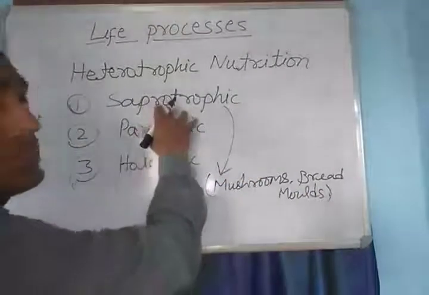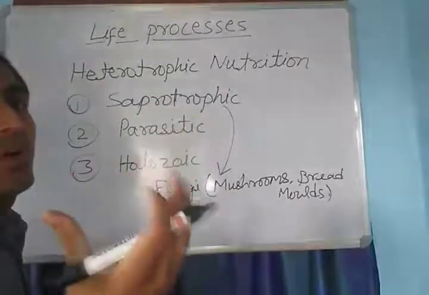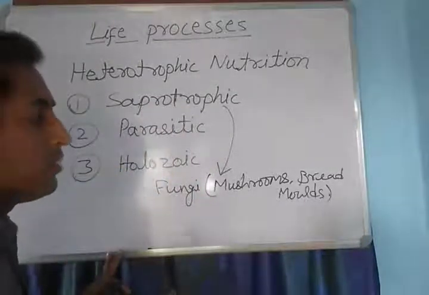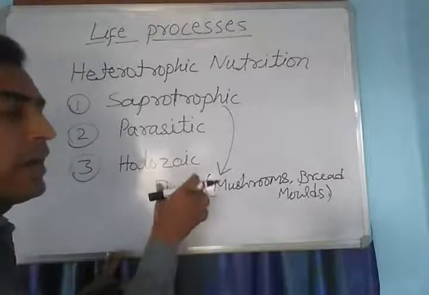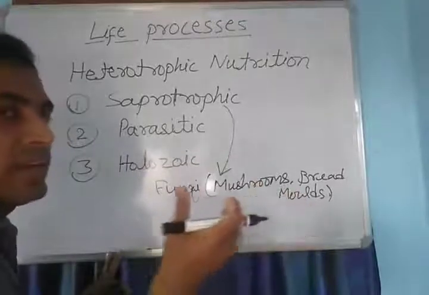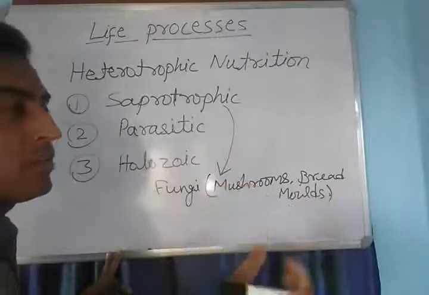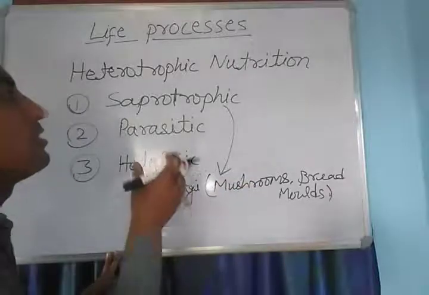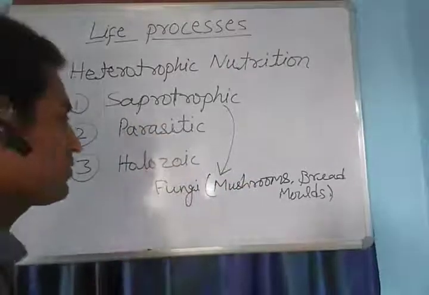It is divided into two types also, because fungi and many bacteria, and also animals and plants, perform the saprotrophic mode of nutrition.